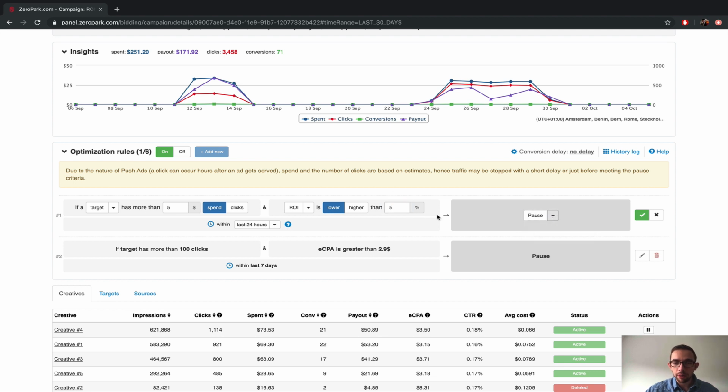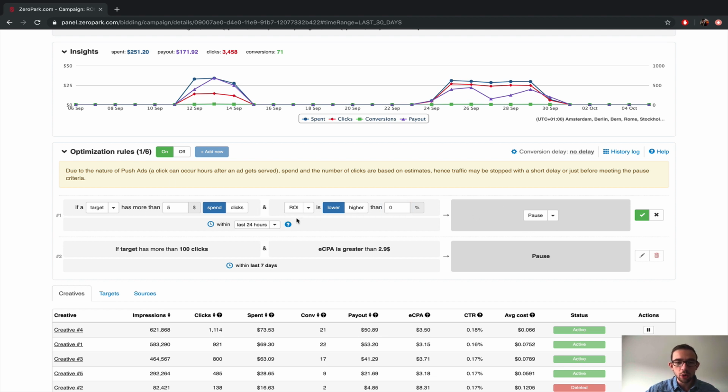For now you can only pause. Within the last 24 hours, pause. So you only optimize, or you do 1%. Anything that's profitable stays, anything that is lower than 0% ROI, anything that's not profitable, will be paused.